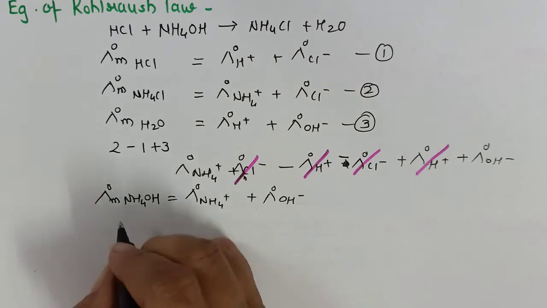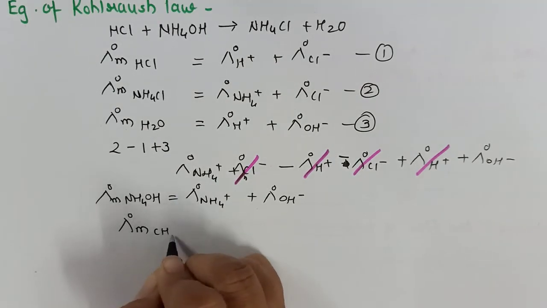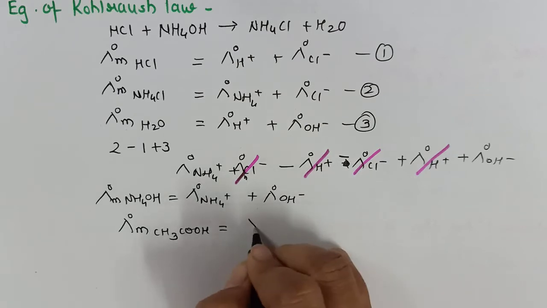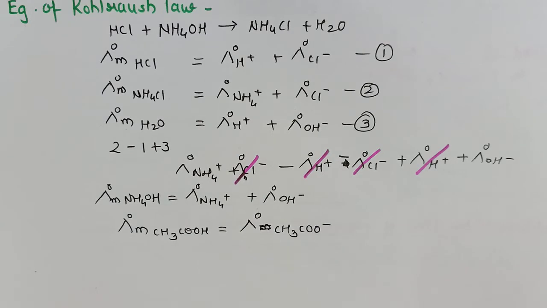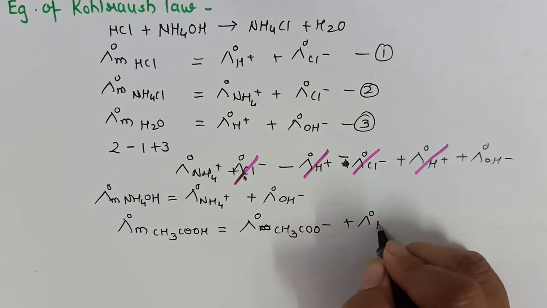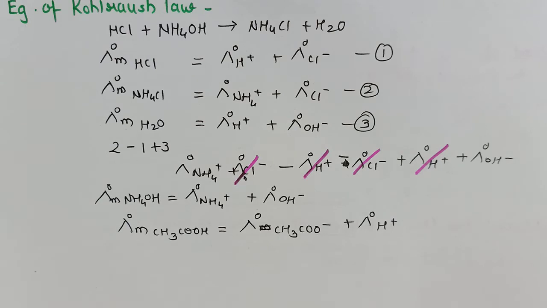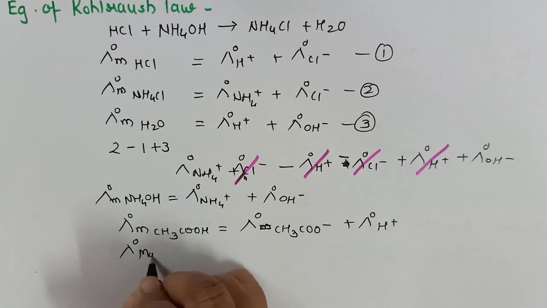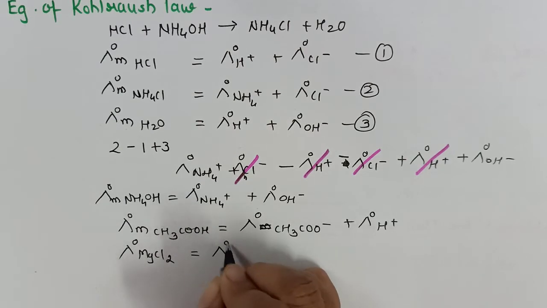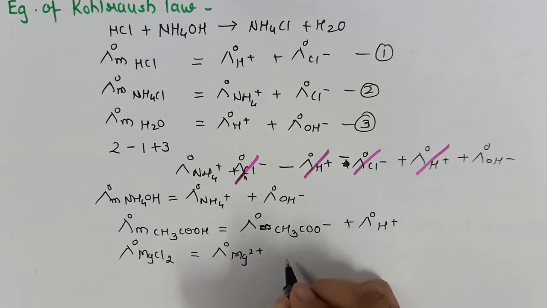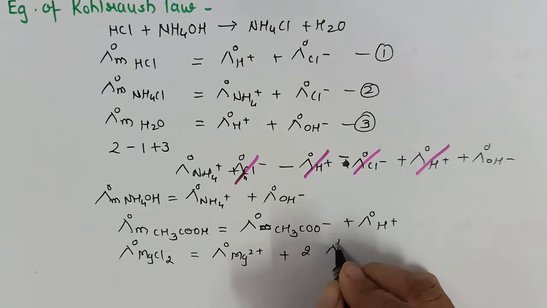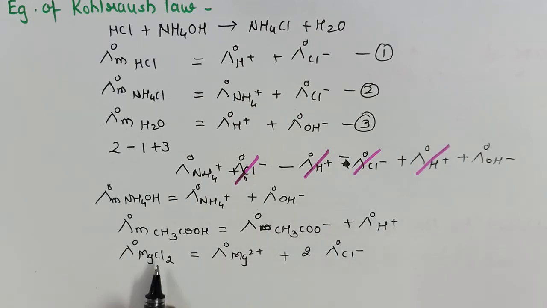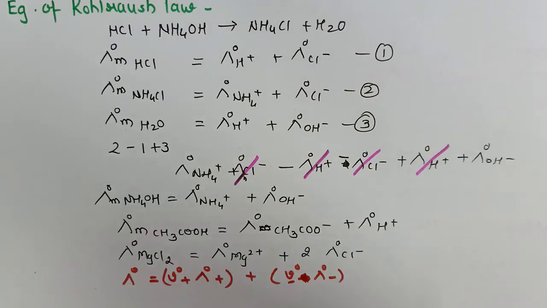I will take one more example. If I want to find the limiting molar conductivity of acetic acid, how will I find it? It will be the addition of the conductivities of the cation and anion produced by that electrolyte on dilution. One more example, let's say I want to find it for MgCl2, then it will be the conductivity of Mg2+ and the conductivity of Cl-, with 2 taken as the stoichiometric coefficient for Cl.